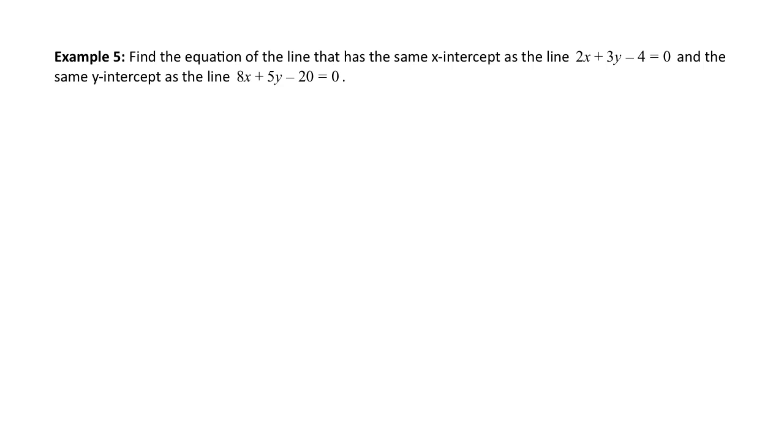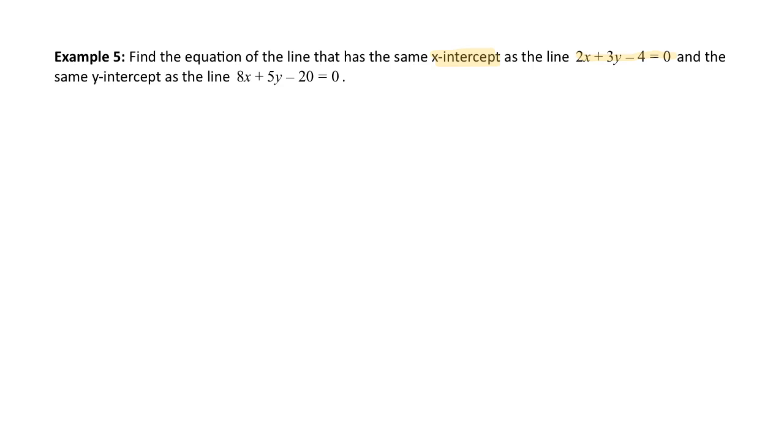There is a lot of information given to us in this question, so my suggestion is to take it one piece at a time. The first thing that we need to determine or figure out is the x-intercept for the line or the equation 2x plus 3y minus 4 equals 0.